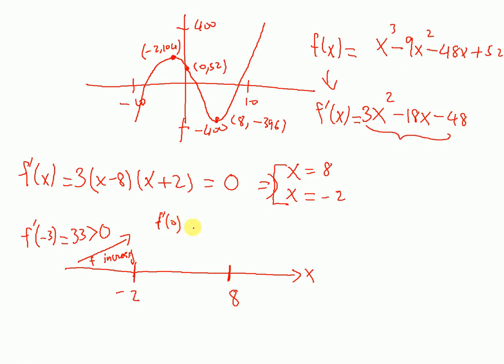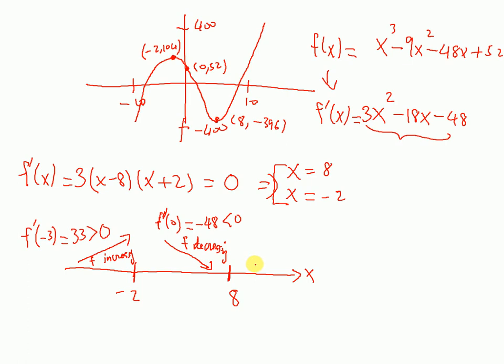If you plug in 0 here, you should get -48, and -48, that is negative, right? So if your first derivative is negative, then your function is decreasing. So f decreasing.